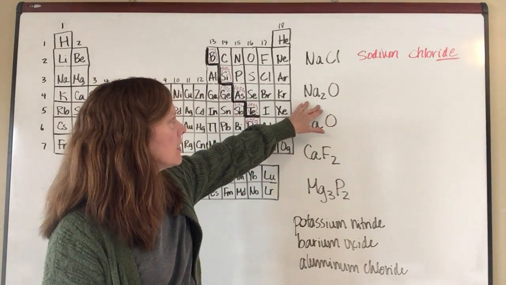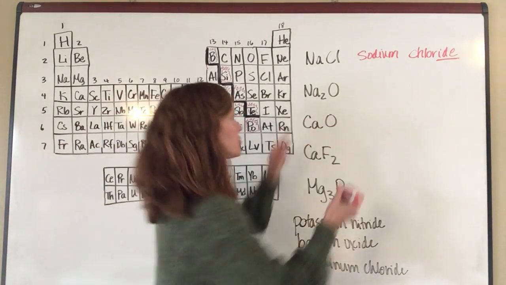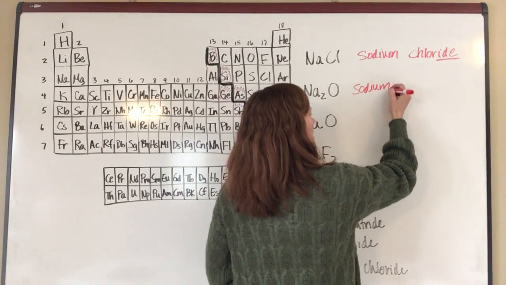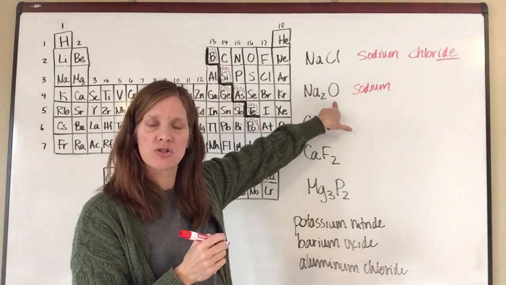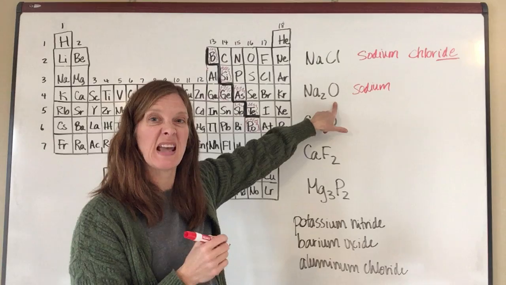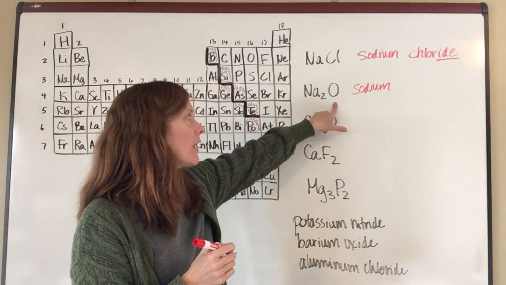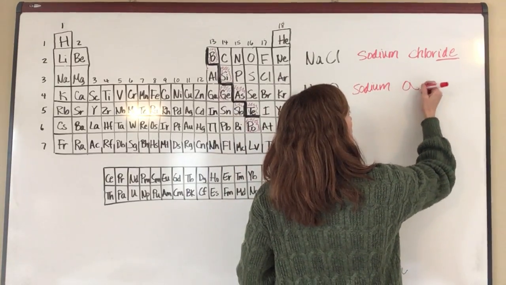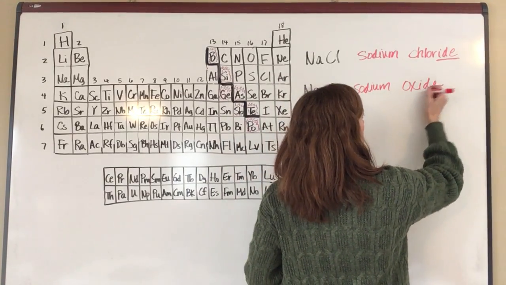So let's look at this one. First element again is sodium, so I'll write sodium. And O is what element? Well, that's oxygen. But again, I want to change it so that it ends in an IDE. So I don't call it sodium oxygen, I call it sodium oxide.